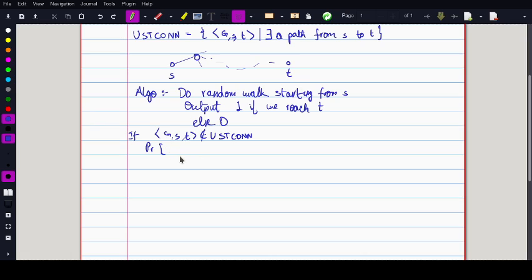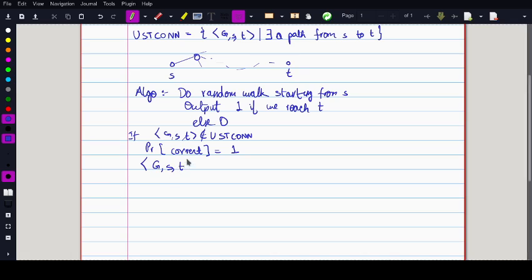So in this case the probability that our algorithm is correct is 1. It will always output 0, which is the correct answer. The next case is a bit more interesting.